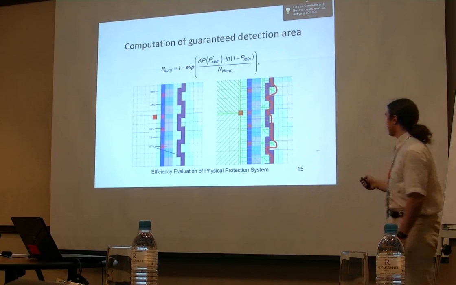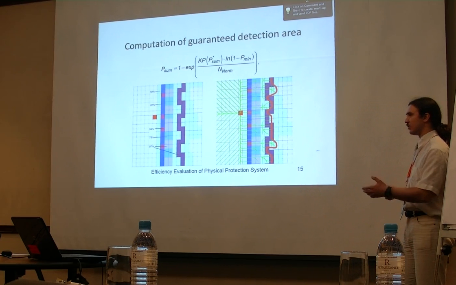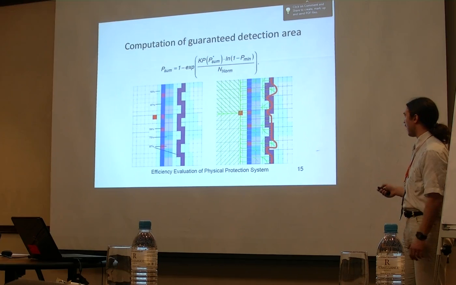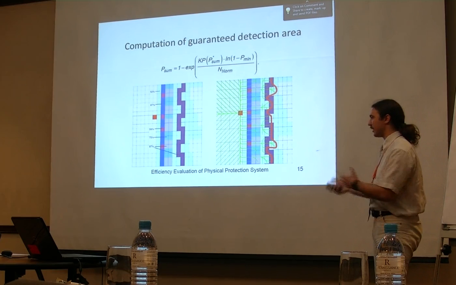And here we can determine the boundary of the area of guaranteed intruder detection. In the green area we cannot detect the intruder with guaranteed probability, but after the boundary we can say that the intruder is detected with a probability of 99%. Then we can use this boundary as a starting location for our calculation of vulnerable routes.